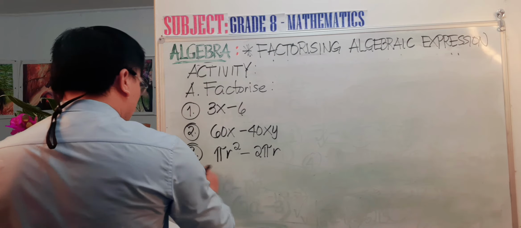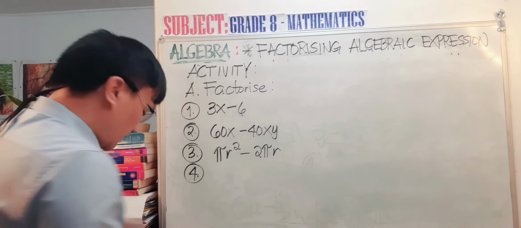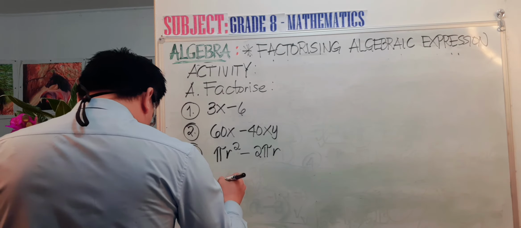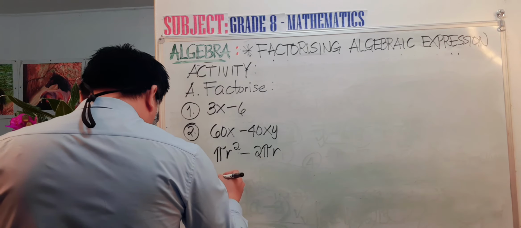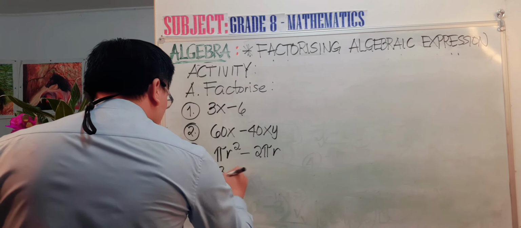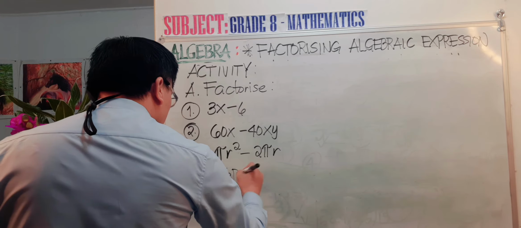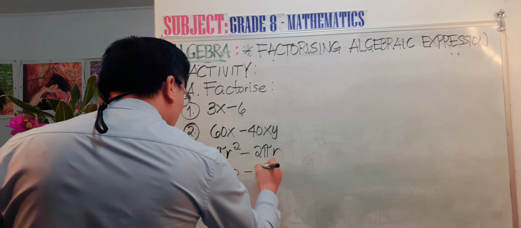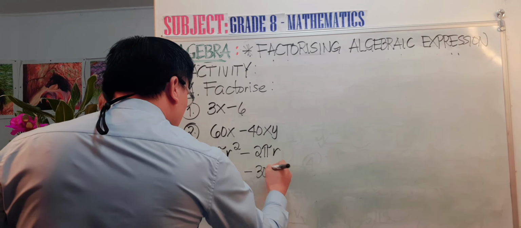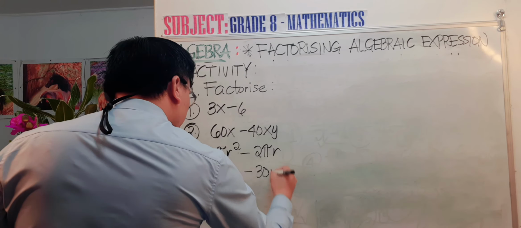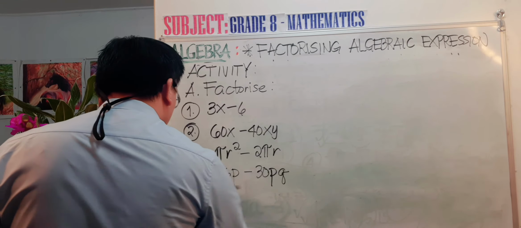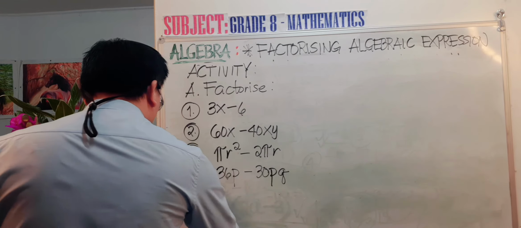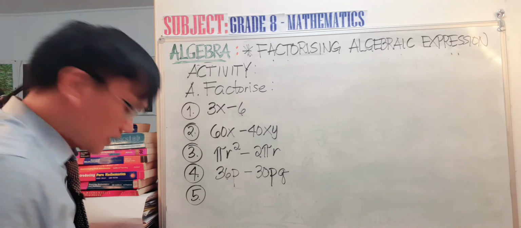Number 4, you can still see it there: 36p minus 30pq.